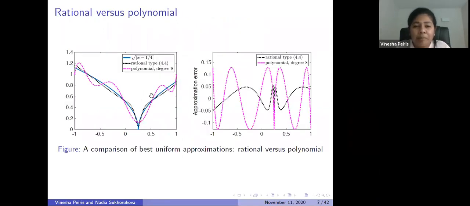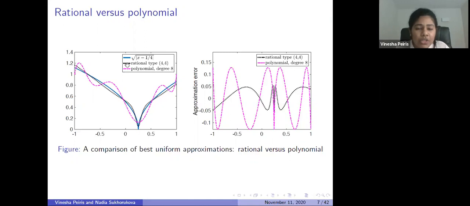This is a comparison between rational function and polynomial approximations. In the figure on your left, we have three functions. The blue function is the original function that we try to approximate. It is a nonlinear and non-Lipschitz function, and it has a sudden change at 0.25.